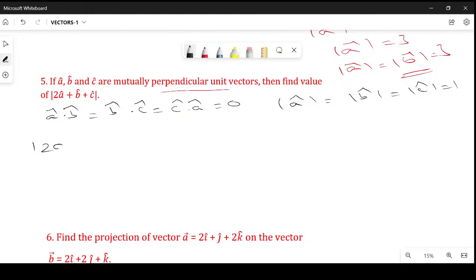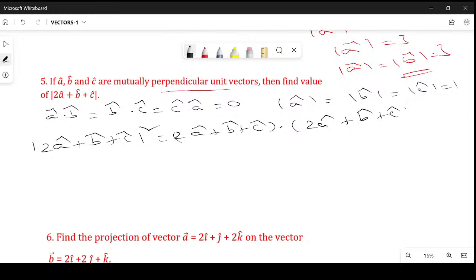You can start with 2a cap plus b cap plus c cap whole square. You can expand this. I can write mod a bar square as a bar dot a bar, the dot product. So I can write 2a cap plus b cap plus c cap dotted with 2a cap plus b cap plus c cap.